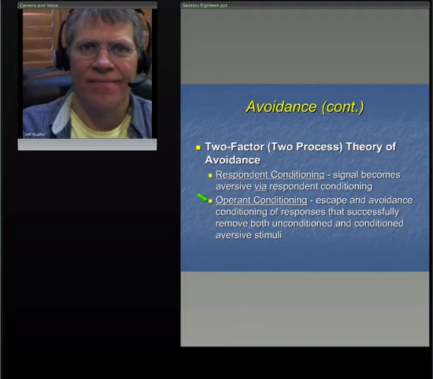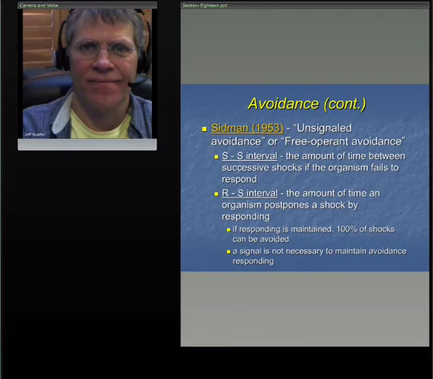All right. A second kind of avoidance that we're going to talk about is called free operant or unsignaled. First, consider situations in which we're pretty good at responding to signals, and we do so very readily.